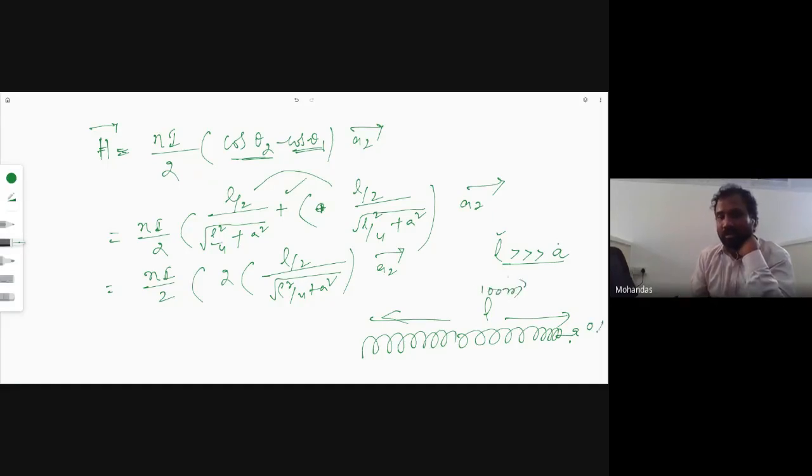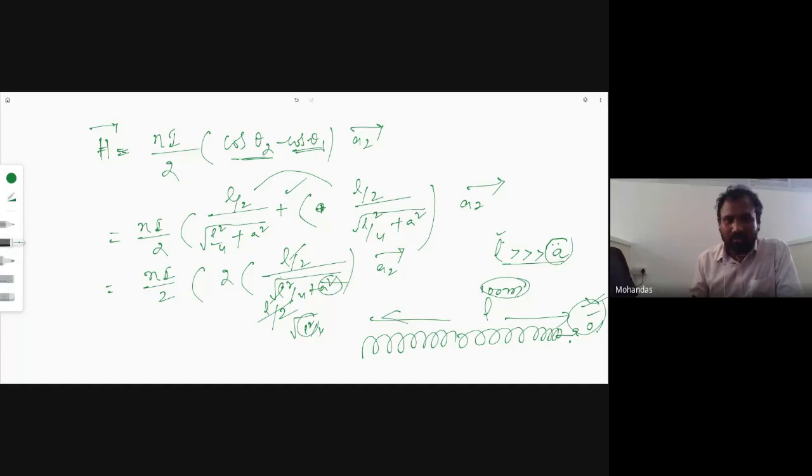If we compare 100 meters with 0.1, we can neglect A in this equation. If we neglect A, then only L squared by 4 remains, so the denominator becomes L by 2, and the numerator is also L by 2.